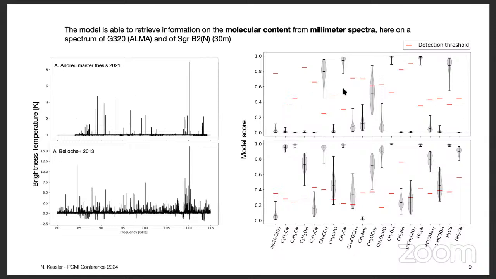For the first spectrum, 5 molecules are retrieved. For the second one, 15 molecules are retrieved and 4 are not. These are species having weak signal, such as ethylene glycol or C2H5CN.